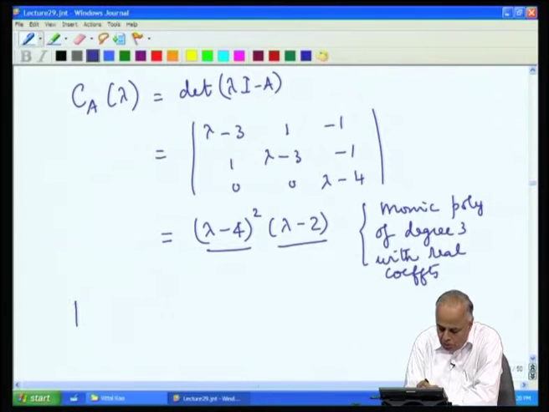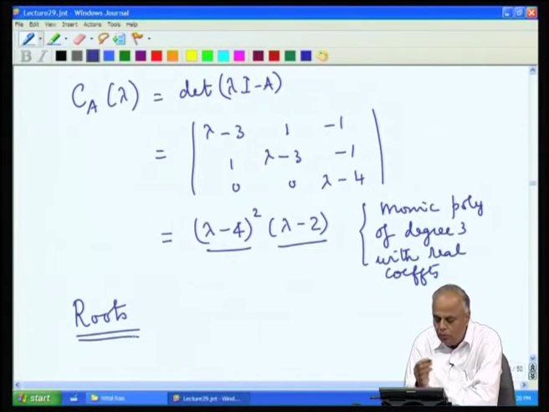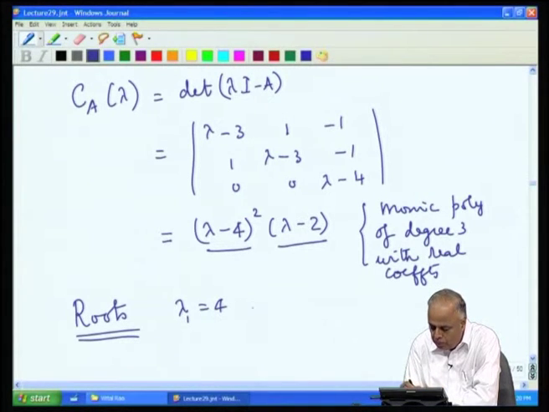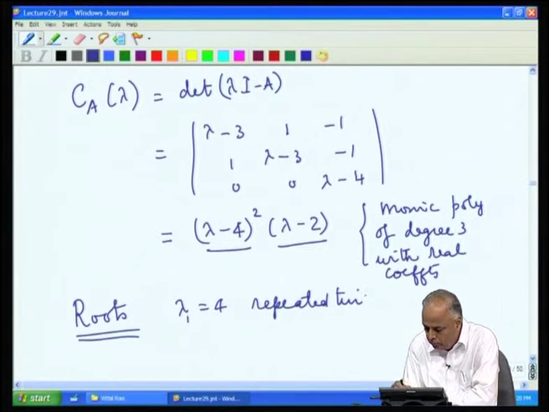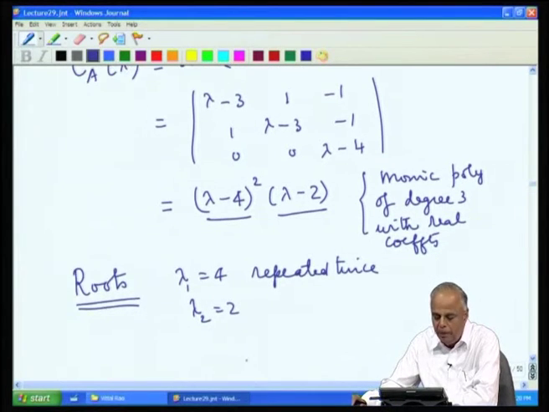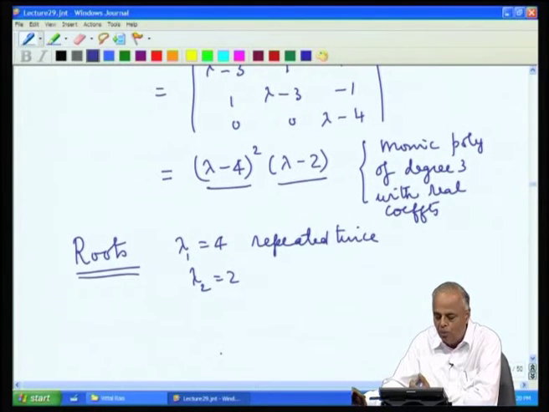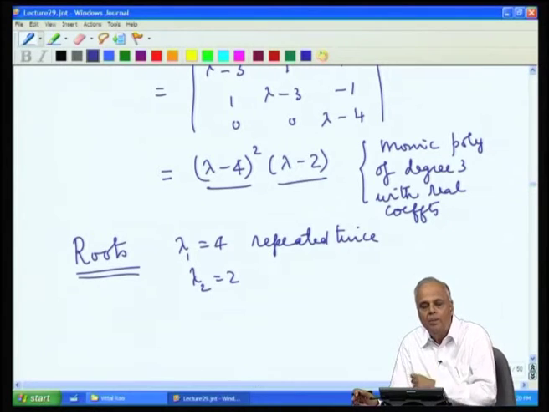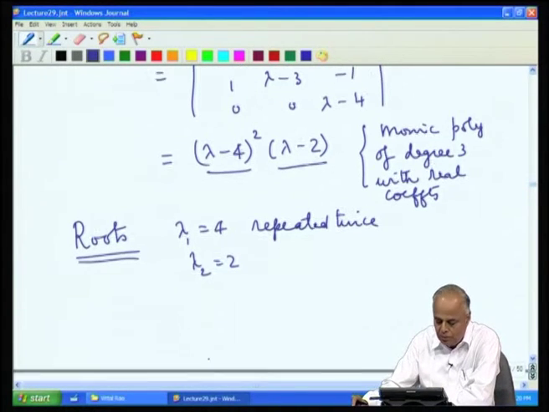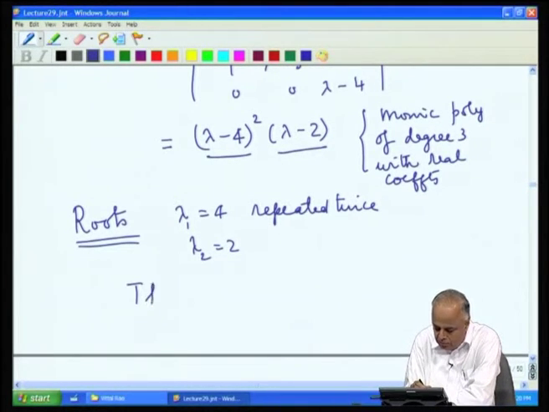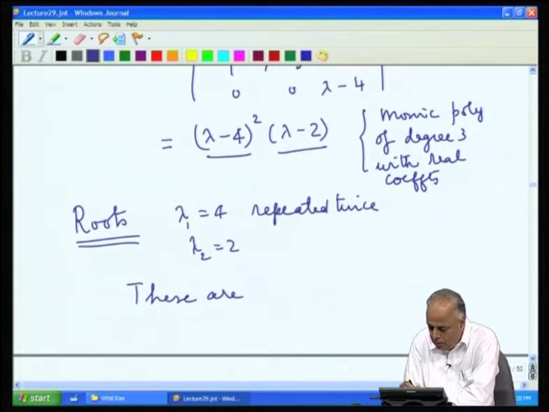What are the roots? In this case, there are only 2 roots actually, one of them is repeated. So, lambda 1 equal to 4 repeated twice and lambda 2 equal to 2. So, really speaking there are only 2 eigenvalues, 4 and 2, but one of them is repeated twice. These are the eigenvalues of the matrix.